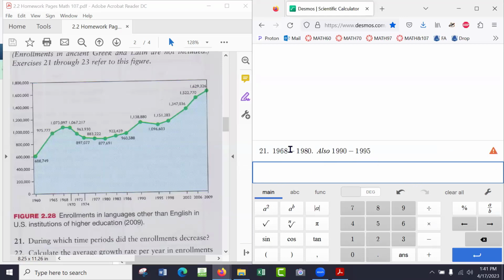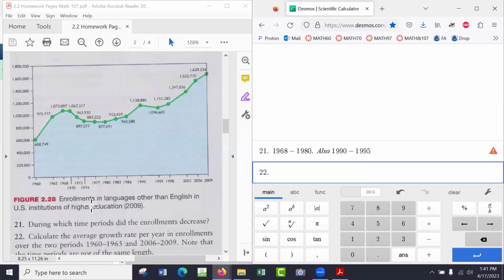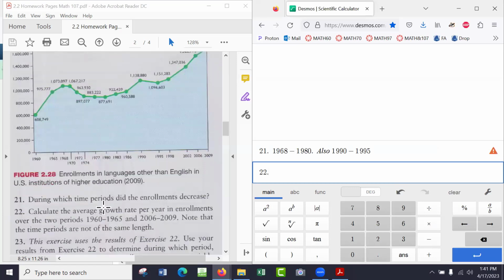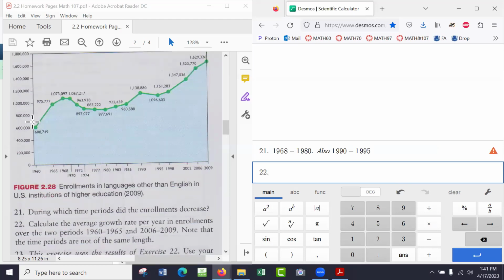Now we'll move on to question 22. So calculate the average growth rate per year in enrollments over the two periods, 1960 to 65 and 2006 to 2009. So 1960 to 65, the enrollment went from 608,000 up to 975.